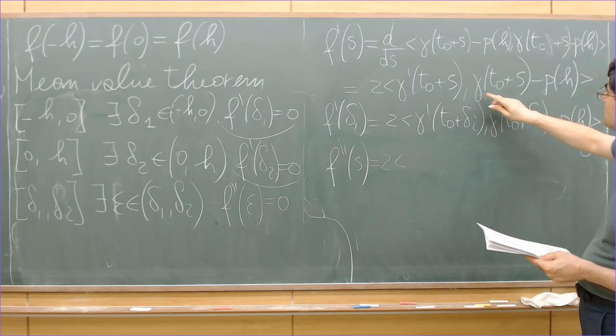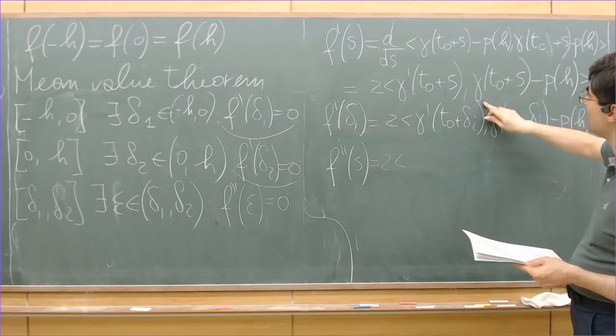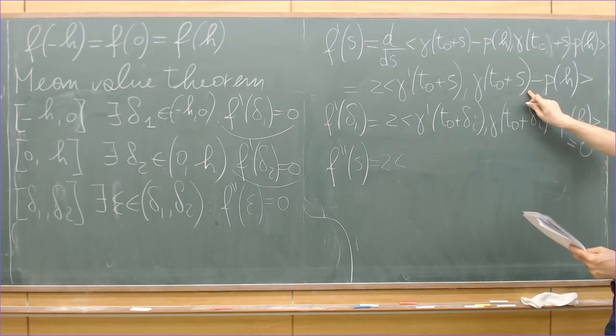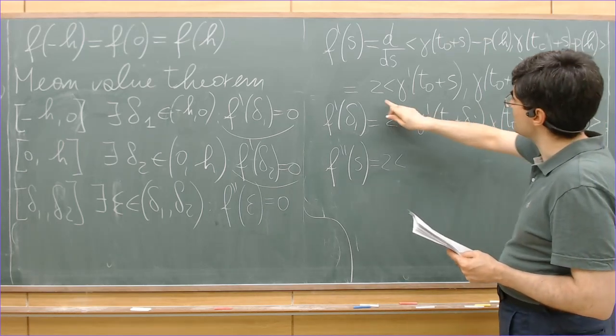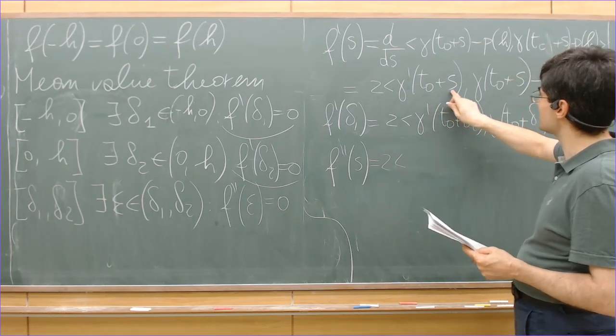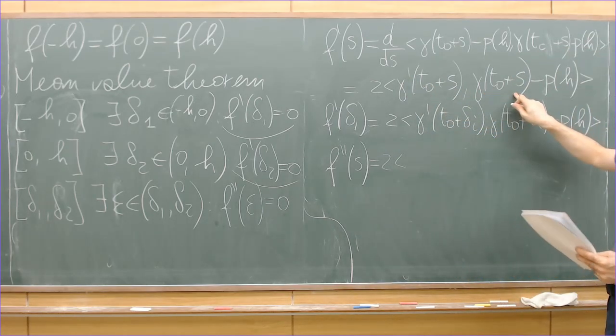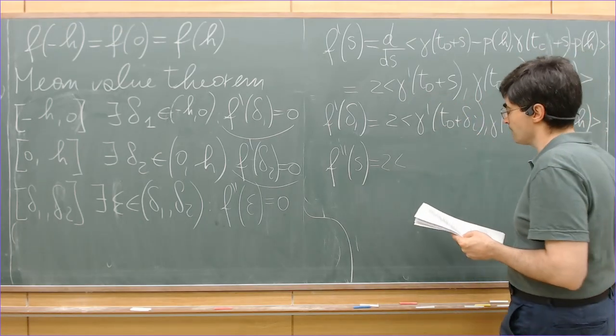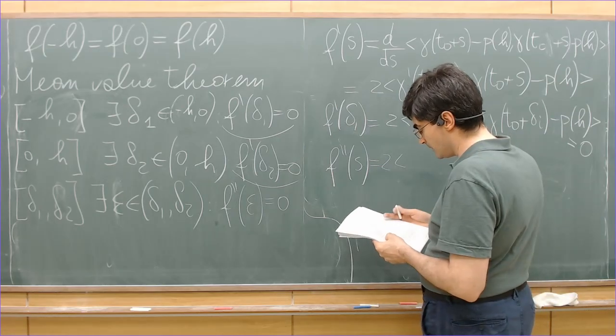But the derivative of this term is exactly gamma prime t0 plus s, so we can write 2 times the inner product of gamma prime t0 plus s with itself as the square of the length of this vector. So let's recapitulate.